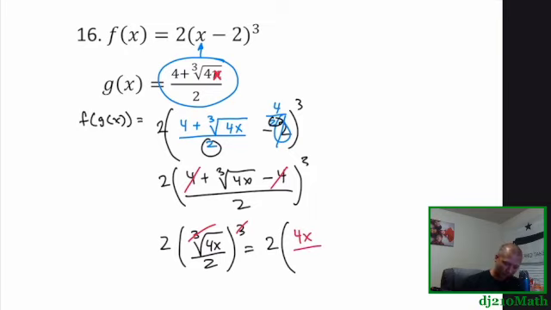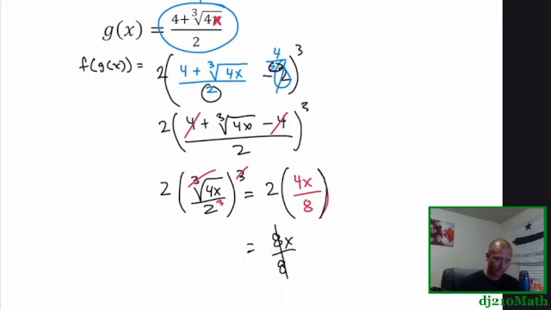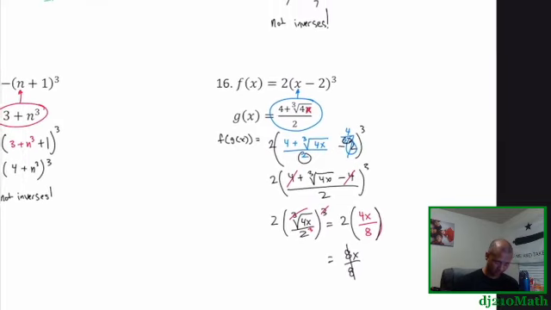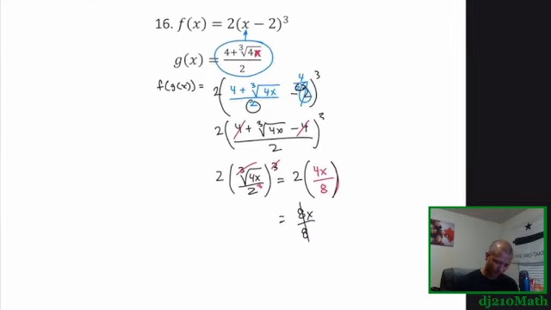Because I have to cube the top and cube the bottom. So 2 times 2 is 4 times 2 is 8. Okay, a couple things cancel here. Well, 2 times 4 would be 8. So 8x over 8. And then the 8's cancel, leaving behind just x. Okay, so that's nice.